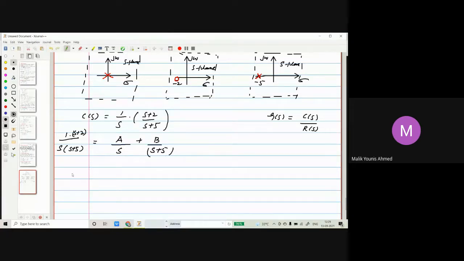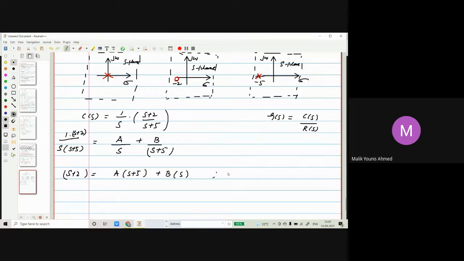Then S plus 2 equals A times S plus 5 plus B times S. We multiply by the denominator on the other side, so the S cancels for A, leaving S plus 5, and the S plus 5 cancels for B, leaving S.